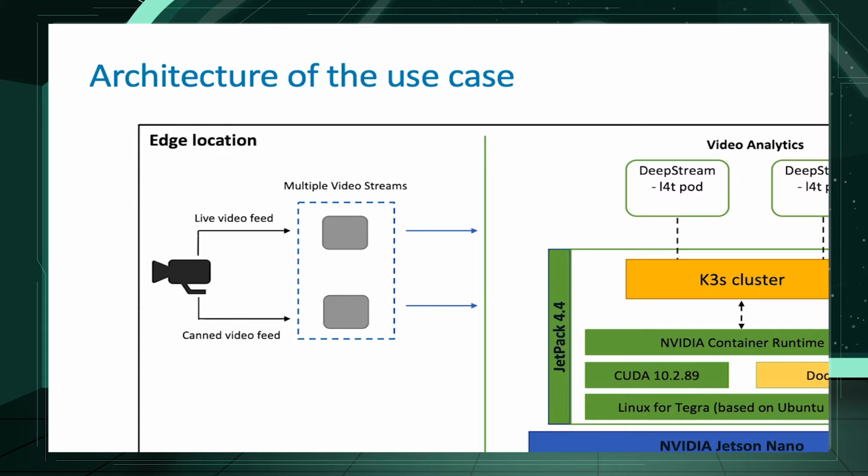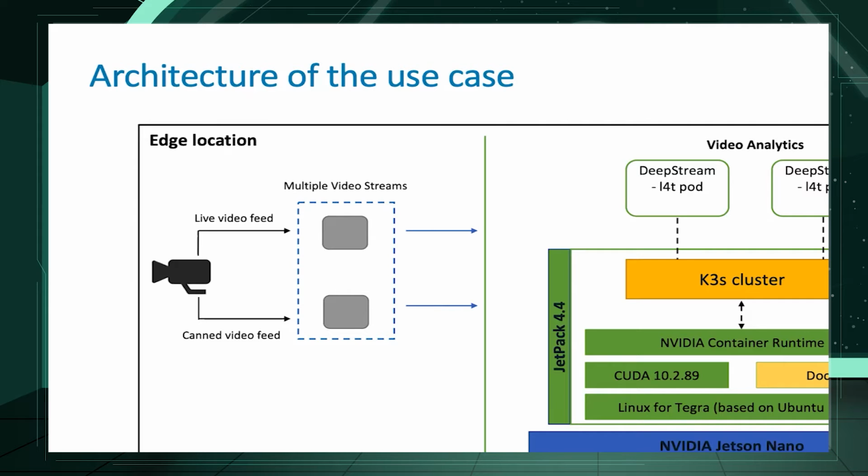In the live video feed, the camera is pointed towards a parking lot, and it's able to detect whatever objects are there in the stream, and it's providing it to the Jetson Nano. In the second one, the CAN video feed, a video is playing on a monitor, and the camera is pointed towards that monitor, recording those streams and then sending them to the Jetson Nano.